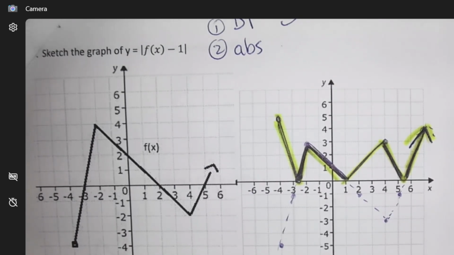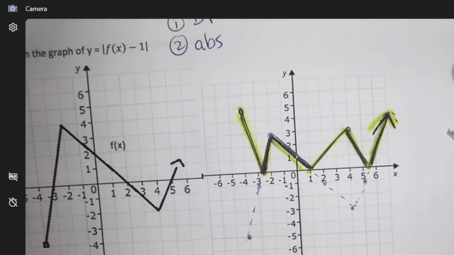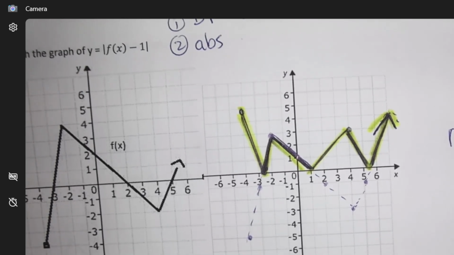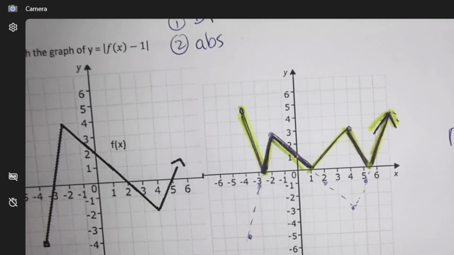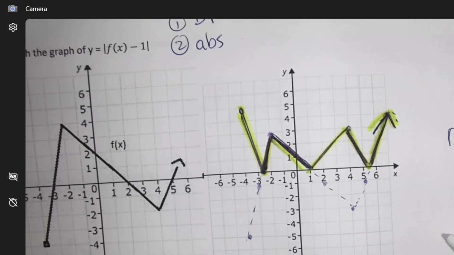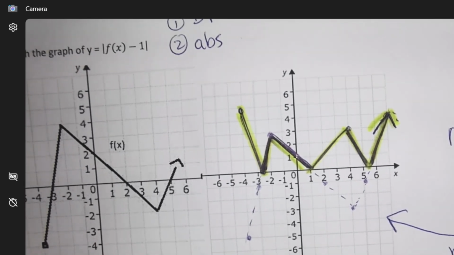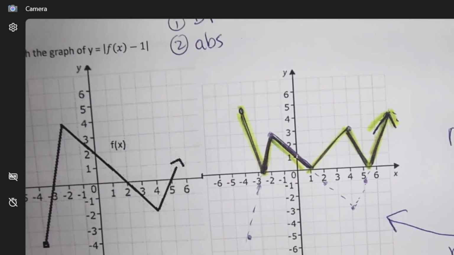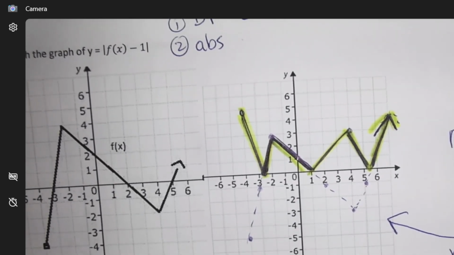Okay, I also might ask you questions about range, something like that. If you have absoluted everything, what do you know about your range? When you have a range of an absolute, you should never have something with a negative inside your range anymore, right?